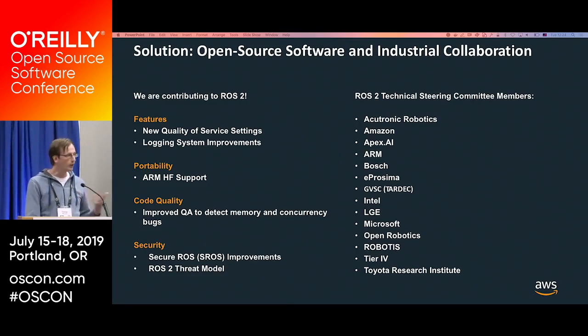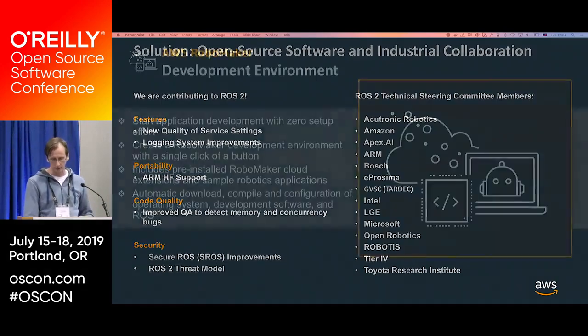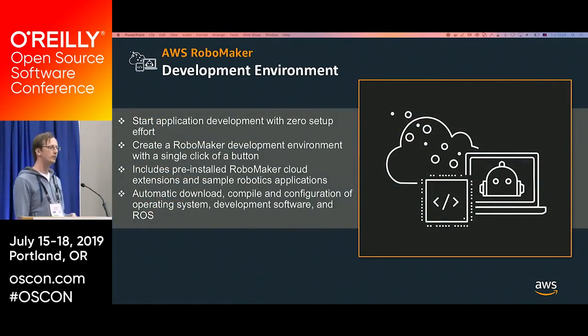So how can we help, being AWS? To simplify the development of robots, AWS RoboMaker is integrated with Cloud9. Cloud9 is Amazon's cloud IDE. It's basically an IDE like VS Code, like Eclipse, like CLion, that you can use in your browser.